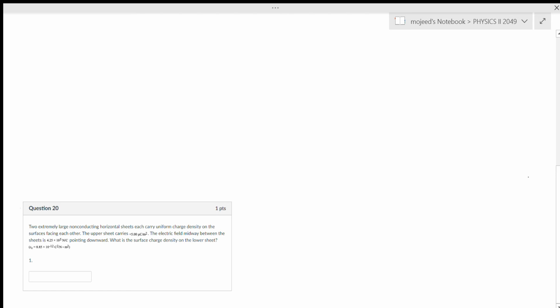And then we'll move on to question 20, which talks about two extremely large non-conducting horizontal sheets, each carrying uniform charge density on the surfaces facing each other.